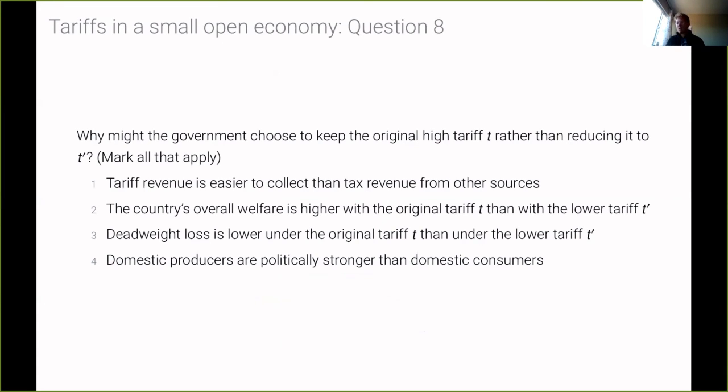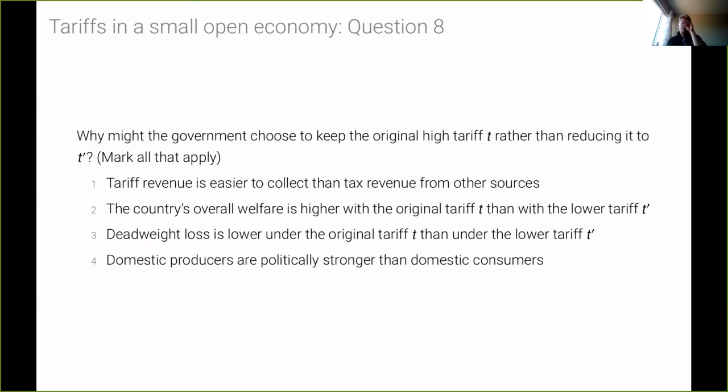You might ask, given that the net gains are positive, why might the government choose to keep the original high tariff T rather than reducing it to T bar? There may be a couple of answers, so I'll go through all of these. One, tariff revenue might be easier to collect than tax revenue from other sources. Tariffs are just taxes imposed on consumers based on their consumption of imports.